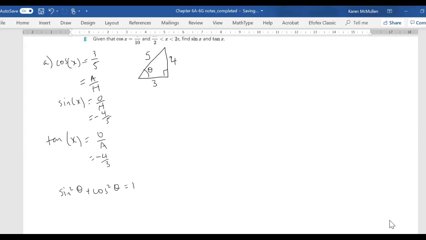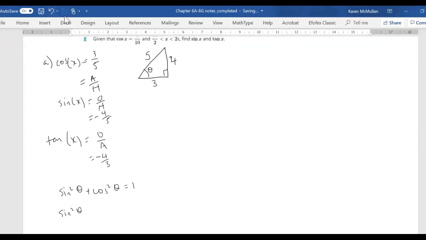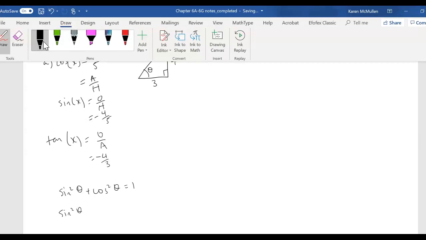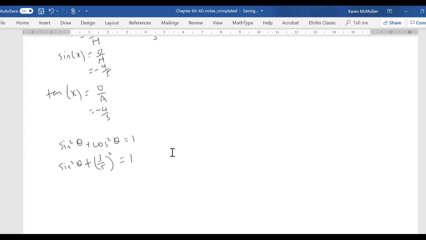So if we've got cos 3/5, so we square that, equals 1. All right, so sine squared theta, if we're square, oh god, I did equals this again, sorry.